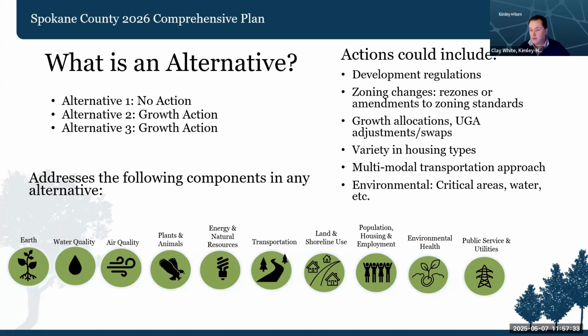So we've identified all of those, but the main purpose right now is to make sure that we're evaluating the right things. If you had concerns about jobs and air quality, or you're looking at the transportation impacts, we want to make sure that we evaluate the environmental impacts of different growth alternatives properly. So that's where we're at right now.